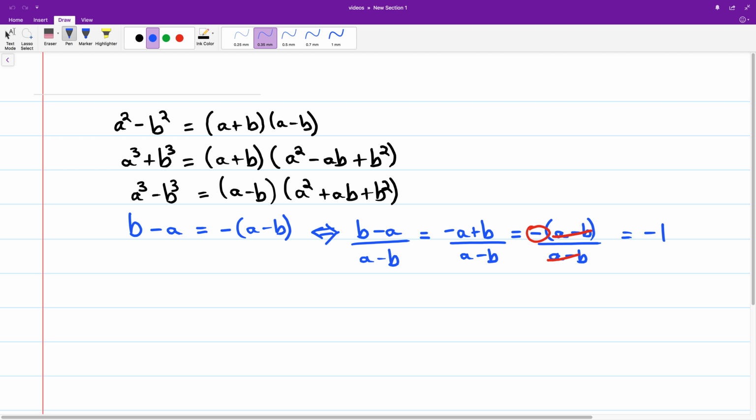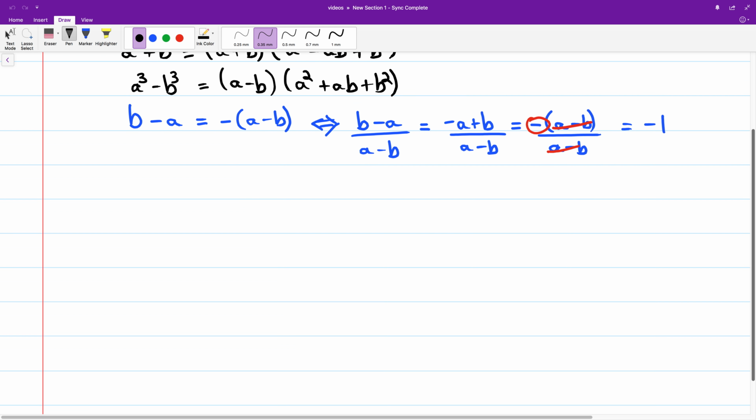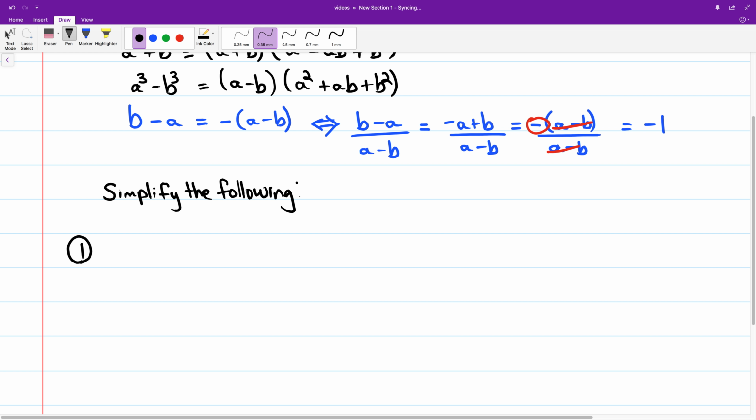All right, now let's say that in working with rational expressions and simplifying, let's say if we simplify the following. First of all, we'll say we have x squared minus 4 all over 3x plus 6.